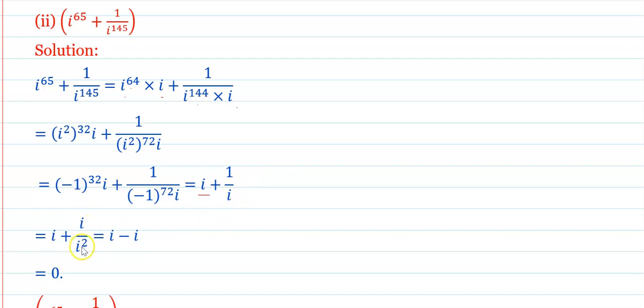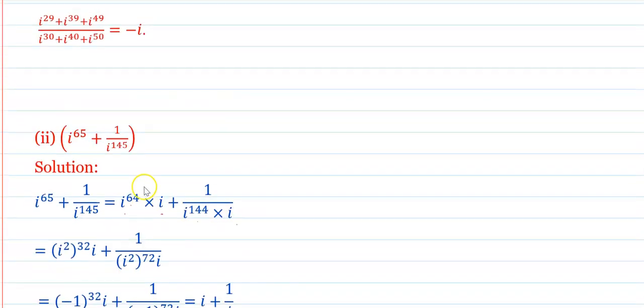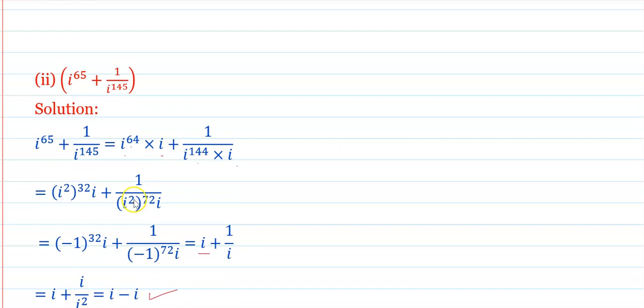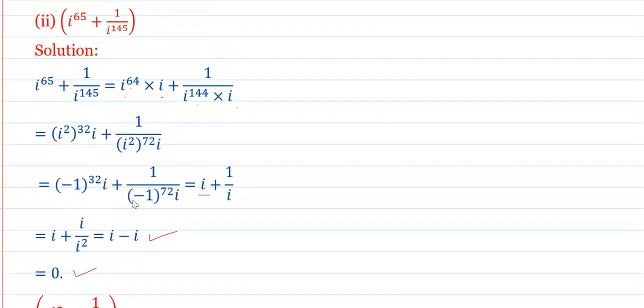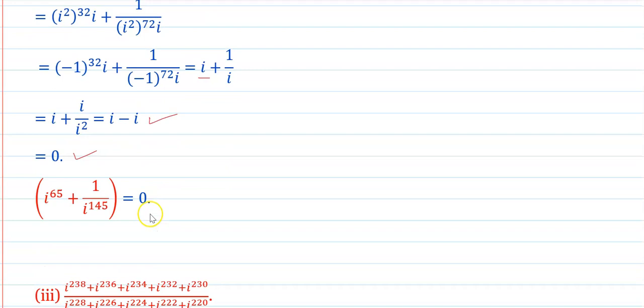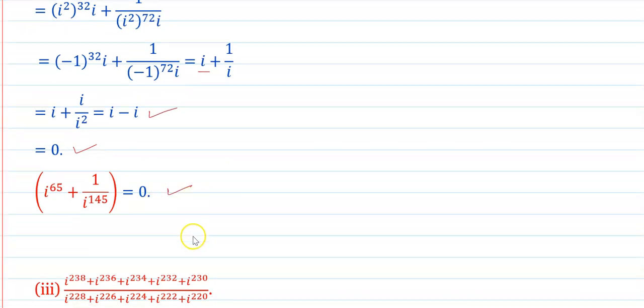That is i upon minus 1, you will get minus i, and hence i minus i will get 0, and hence the value of i^65 + 1 upon i^145 is 0. पुन्हा बघू शकता तुम्ही आन्सर.